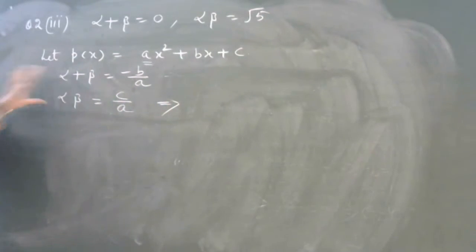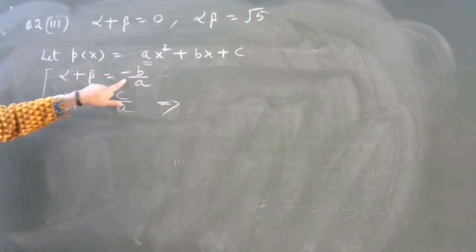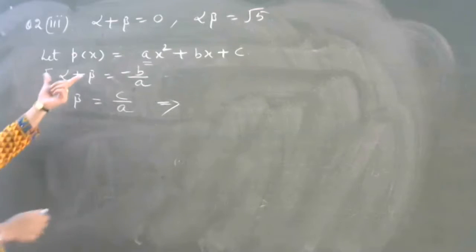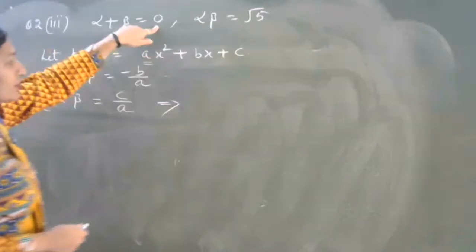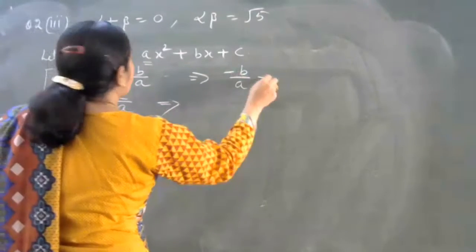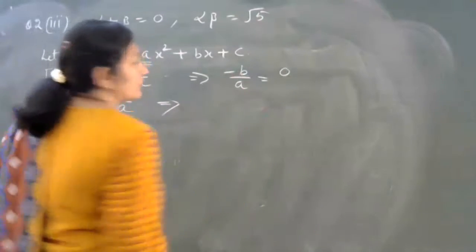Relation is same in quadratic polynomial. Sum of zeros is minus b over a and product of zeros is c over a. So here alpha plus beta, its value is given as 0. It means minus b over a is equal to 0.